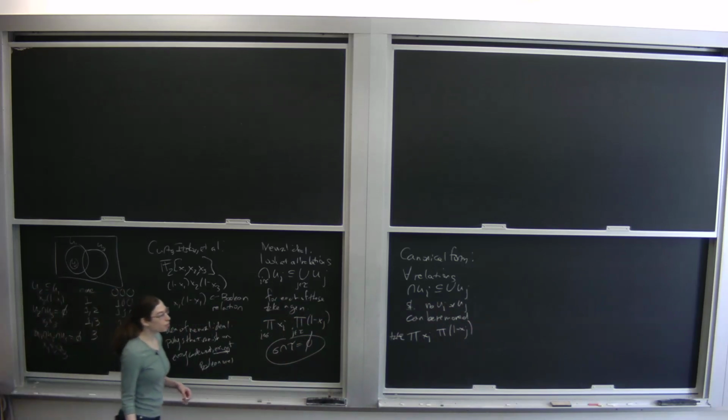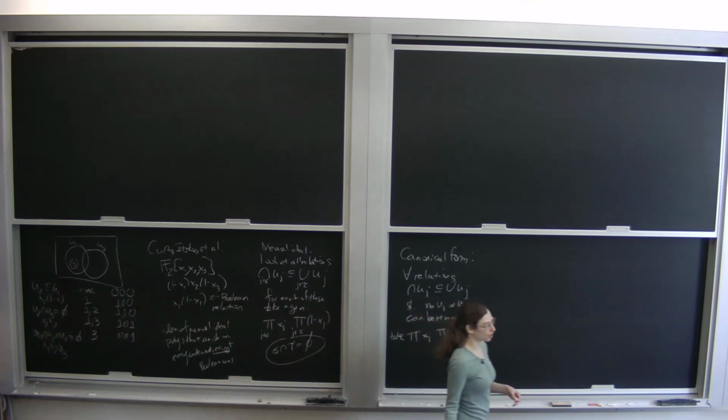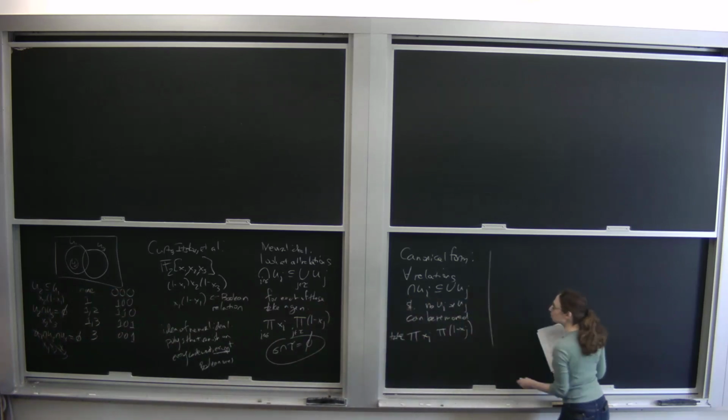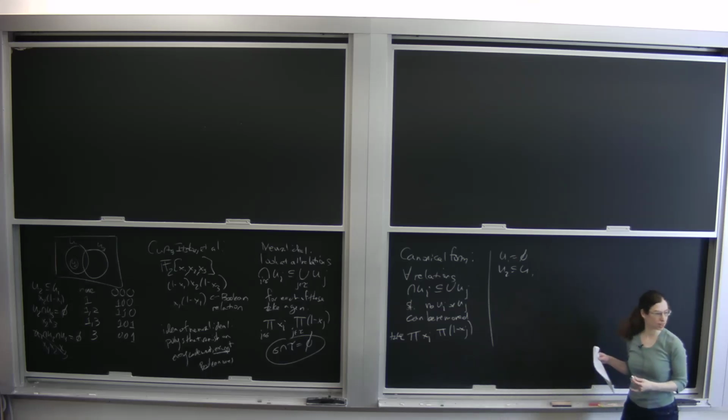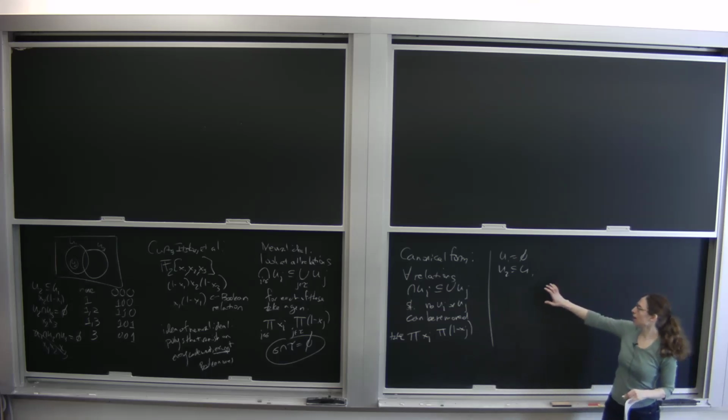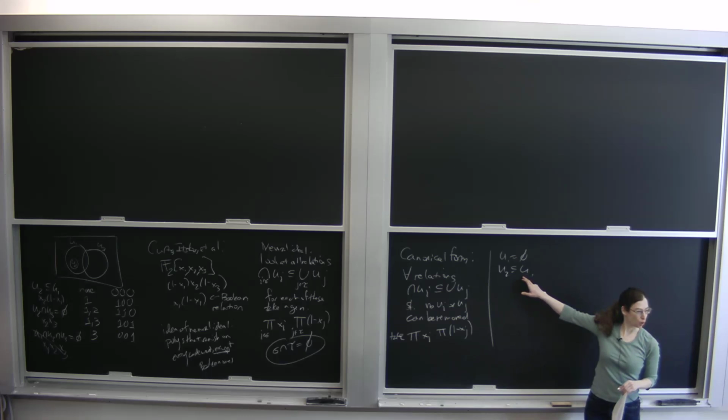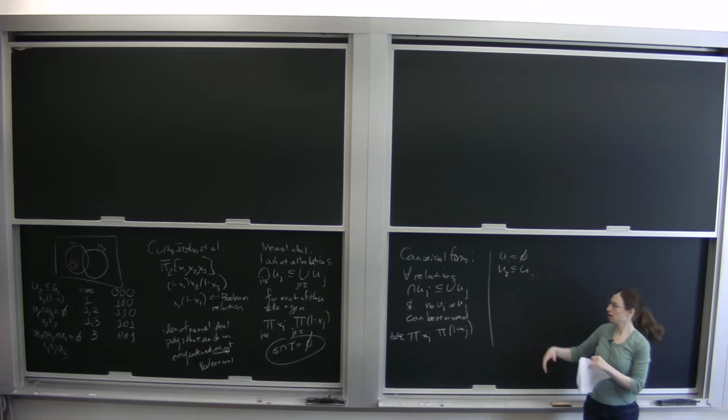But let me give you an example that's the simplest one I can usually come up with: if we had U1 equals empty set and U2 is contained in U1. This would be an example where I could absolutely remove this U1 and replace it with the empty set.